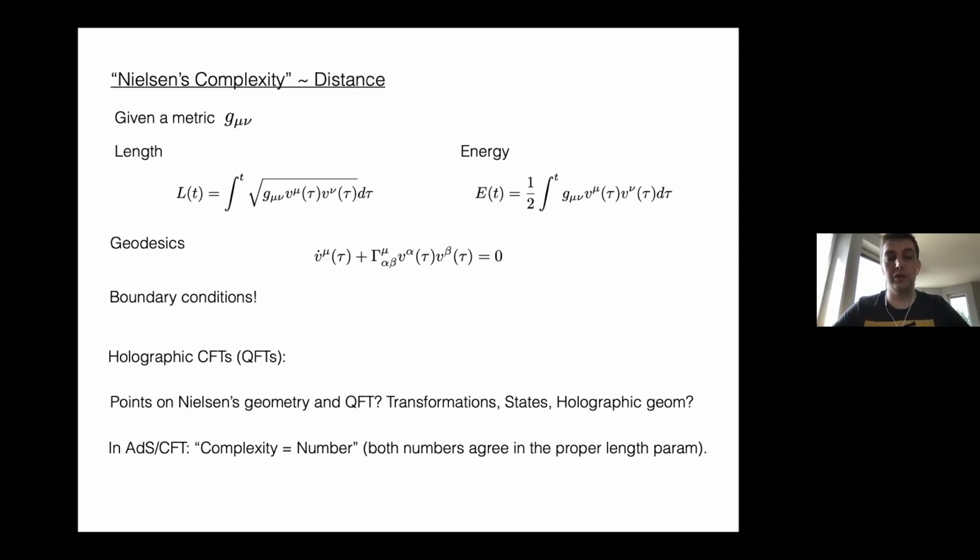And then we have to know more precisely how we associate points on this Nielsen geometry with data of the QFT. Are we thinking about transformations or more like states? And how do we think about these unitaries in holographic geometries? This is quite non-trivial.